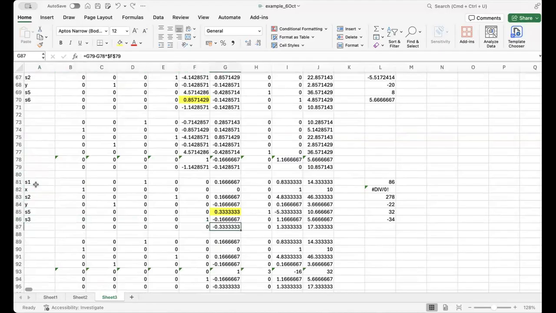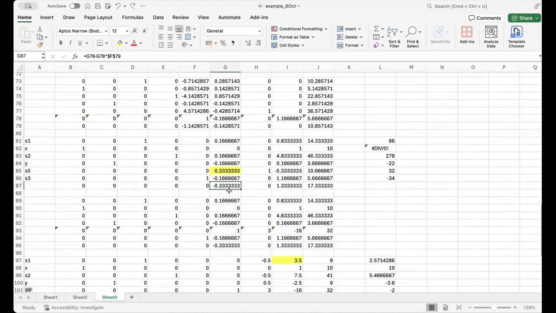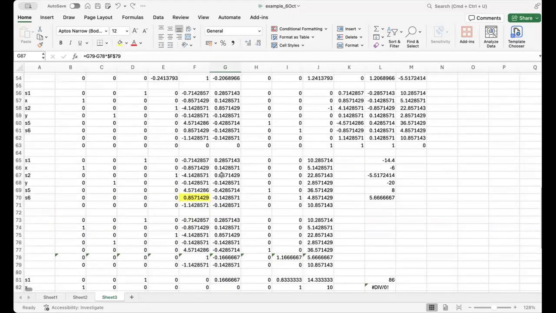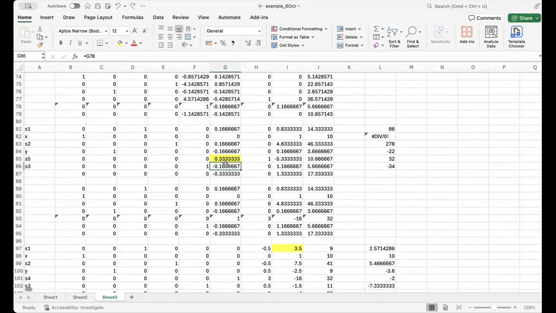We still have a negative coefficient here. So now we introduce S4 as our basic variable, and we remove S5.